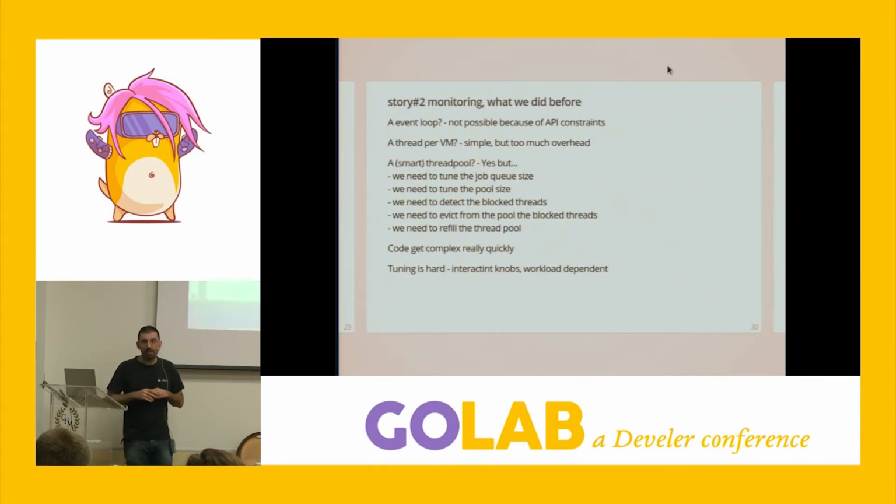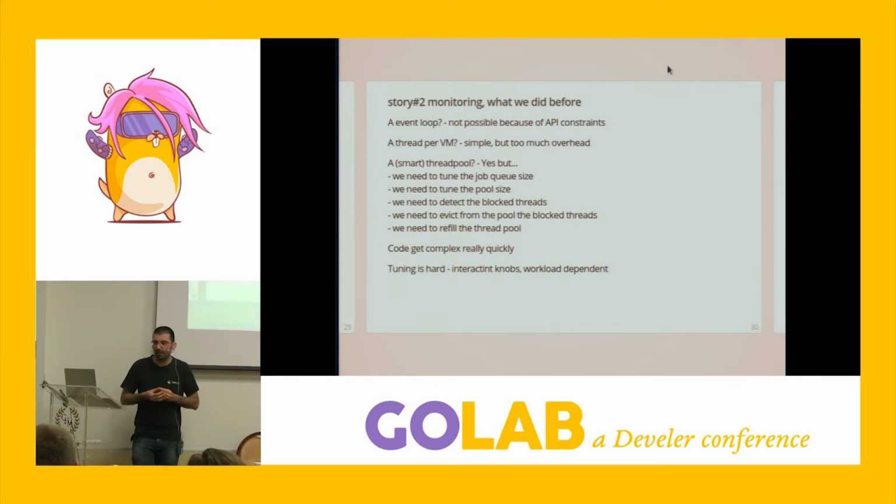So this is a problem we solved before. We solved it because I worked on a virtual machine management solution, and indeed this is a known issue, and we have a solution to this problem. So let's quickly go through the possible solutions. Of course, an event loop comes to mind, but it is not really possible here because of how the API looks. So we need threads, long story short. One thread per VM is not really possible, it doesn't scale.